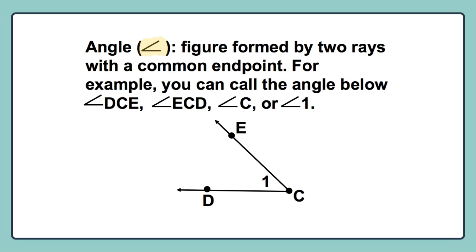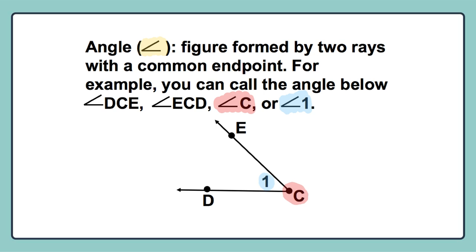This particular angle here, first I'm going to start on the far right, could be called angle 1, because it has a 1 inside the angle. There's no degree sign, so this is not a 1 degree angle. It's just identifying it with a 1. It can also be identified as angle C. C is the vertex.